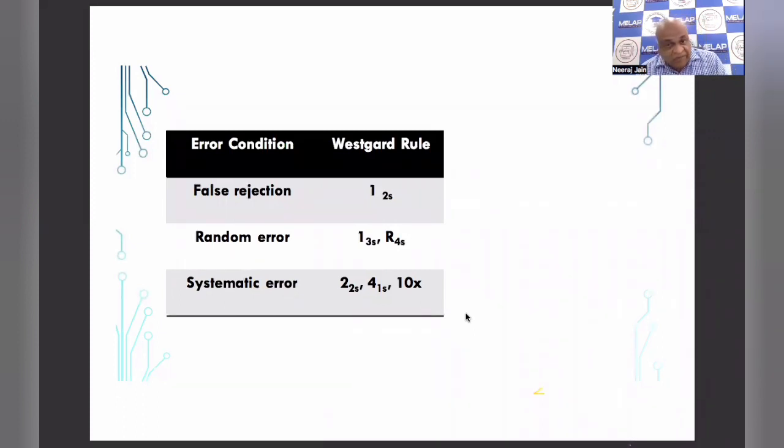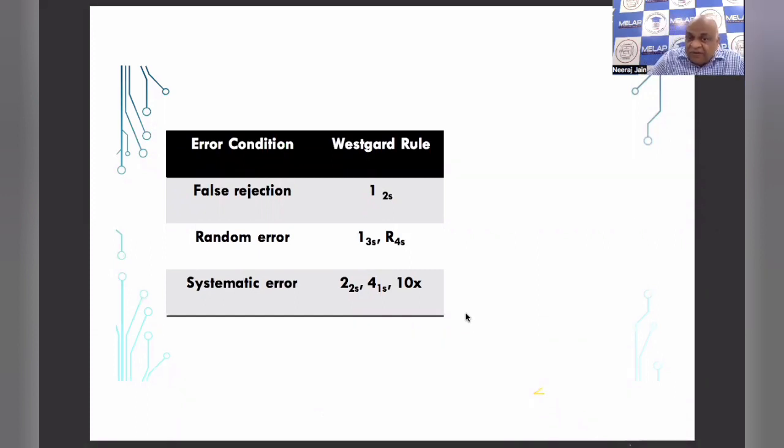But when you are applying Westgard rules, when you're taking action, the important thing is you have to understand what the situation is, whether some action is required or not. Suppose one value is slightly out of the 2s limit but within 3s, and you're rejecting the run, this is false rejection, unnecessary wastage of resources.